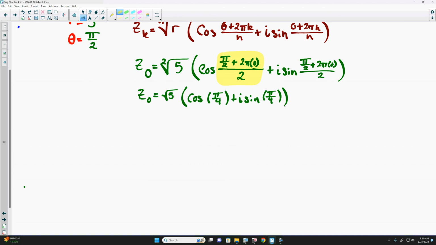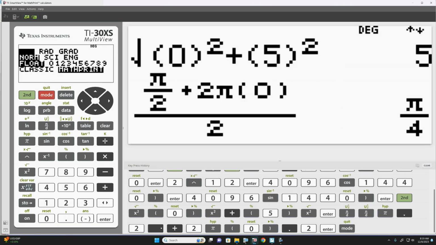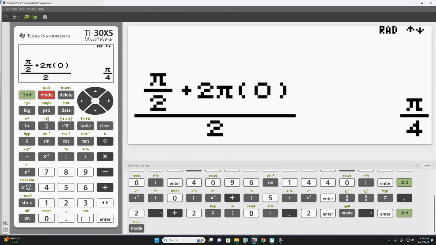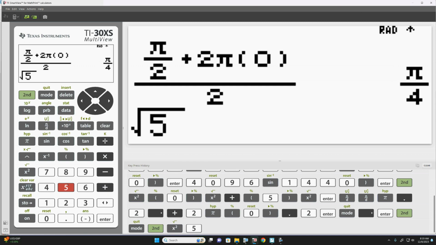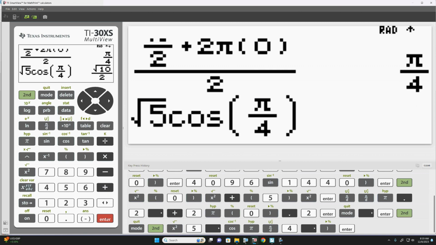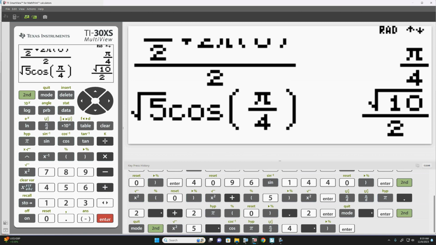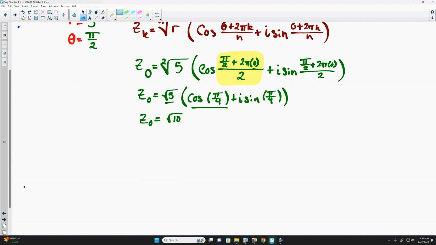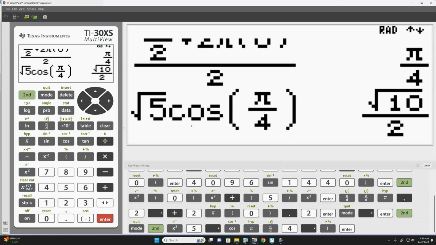Now at this point here, we can take this a step further to find the solutions for this here. So we can distribute. We can multiply our square root of 5 and cosine of pi over 4. In the calculator, I will have to change this to radians. Second, square root of 5 cosine of pi over 4 is square root 10 over 2. Plus. We'll do the same thing with sine.